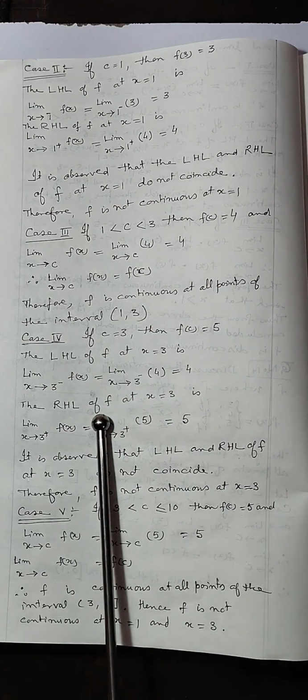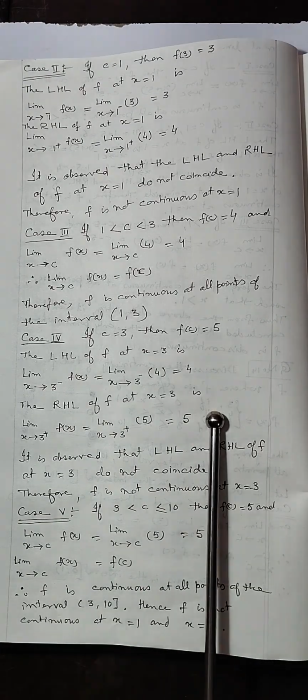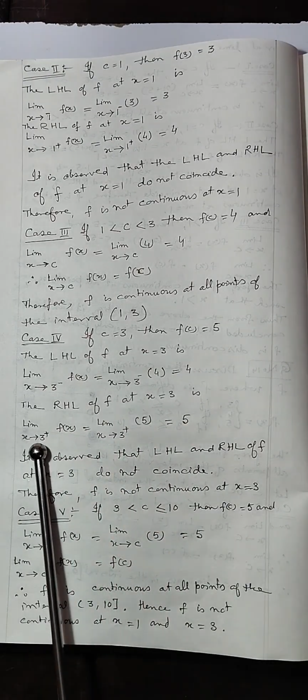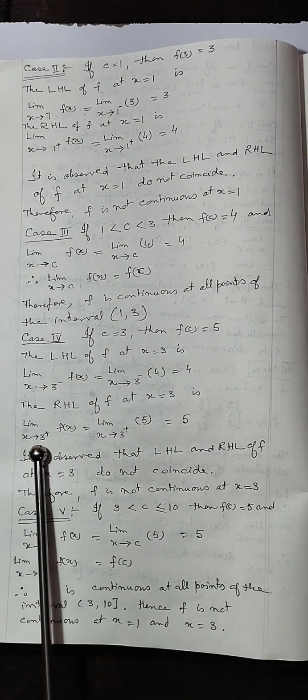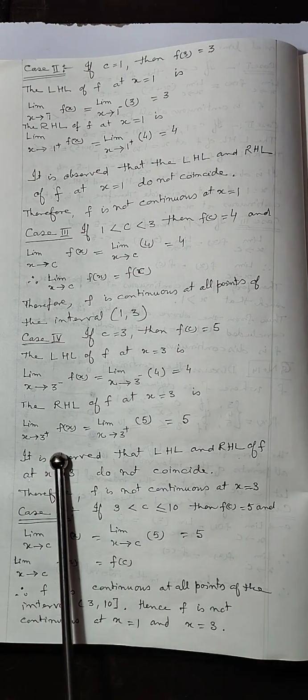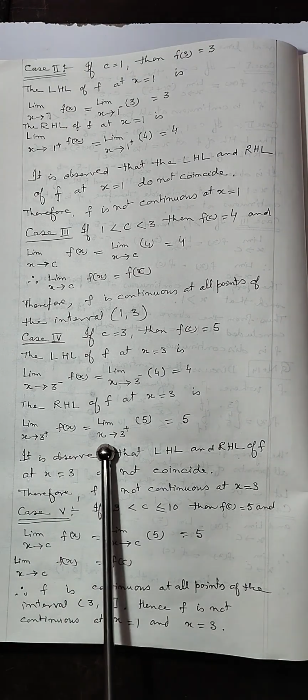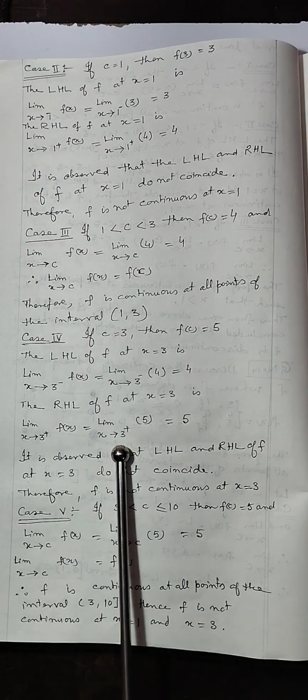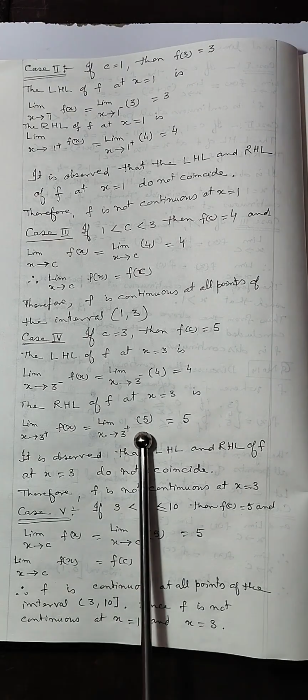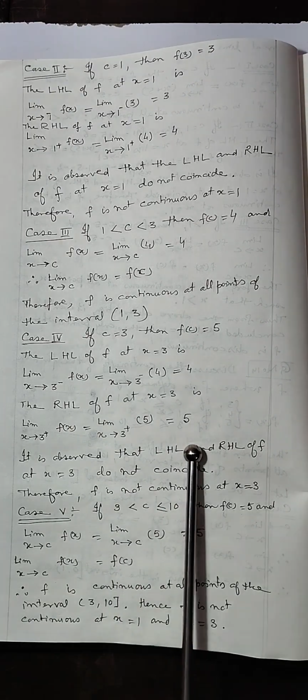The right hand limit of the function at x is equal to 3 is limit x approaching to 3 plus f(x), that will be equal to limit x approaching to 3 plus 5, and it is 5 here.